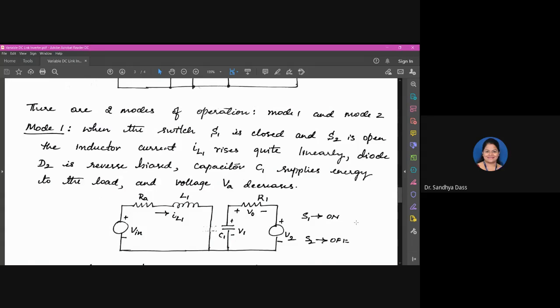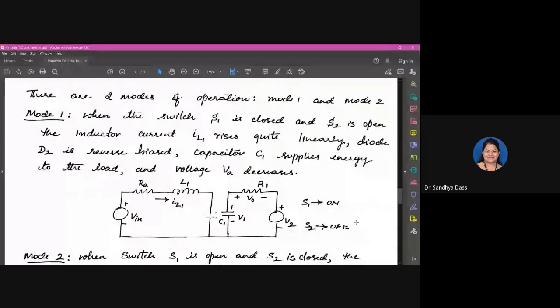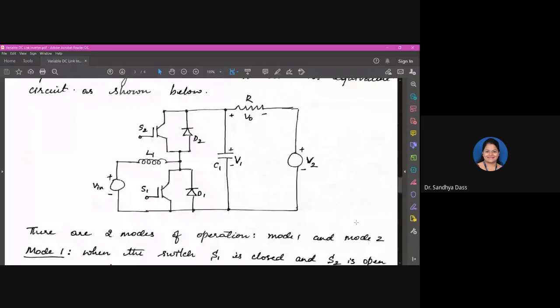Are you able to note the working of the circuit here? I will come to the equivalent circuit. Observe the equivalent circuit when S1 is closed and S2 is open. This will be shorted when S1 is on, S2 is open, this path will be open circuit, right?